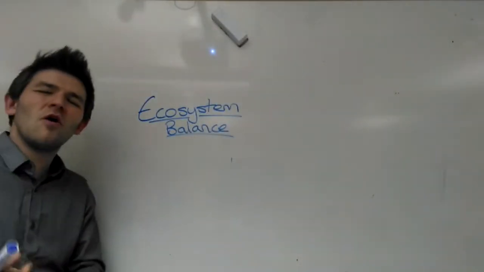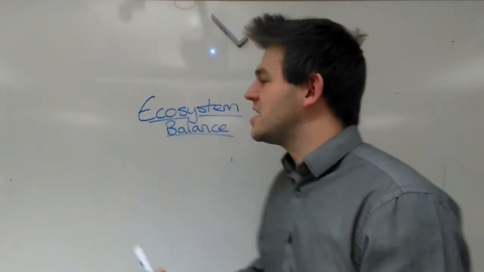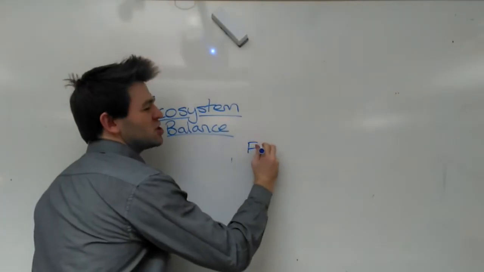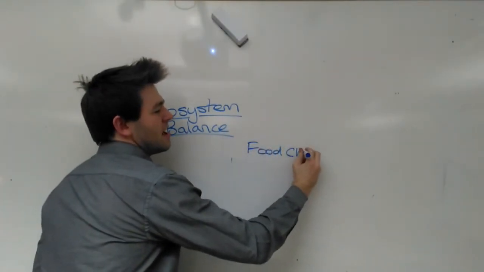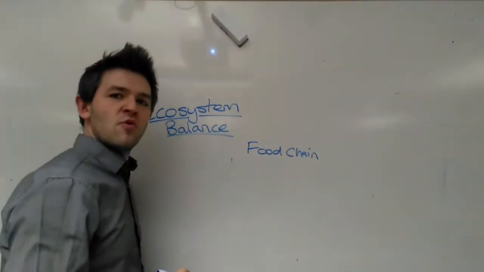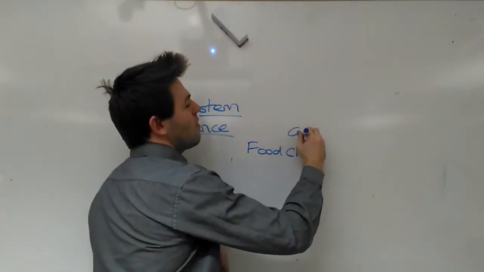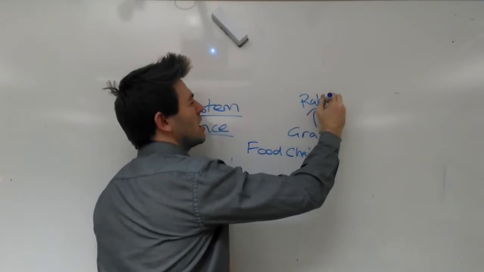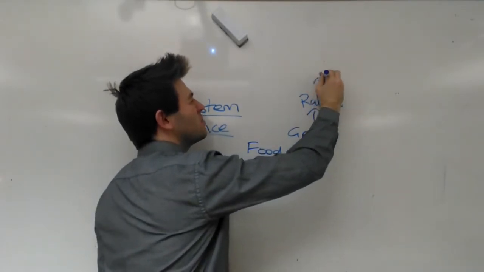Remember that all living things depend on each other. A great example can start off with a food chain, a Näringskedja. I have grass on the ground, eaten by rabbits, which are eaten by foxes.